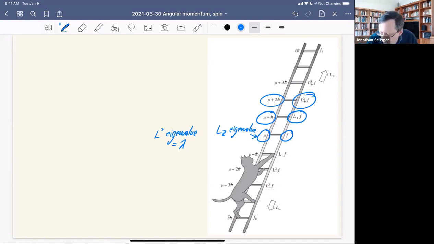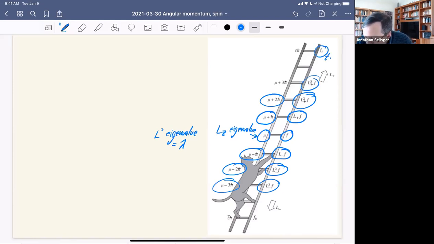Likewise, we can hit with L minus over and over. The Lz eigenvalue changes to mu minus h bar. Do it again, mu minus 2h bar. Do it again, mu minus 3h bar, etc. This keeps going until we get to the top or the bottom. Eventually we have to reach the top of the ladder up here.